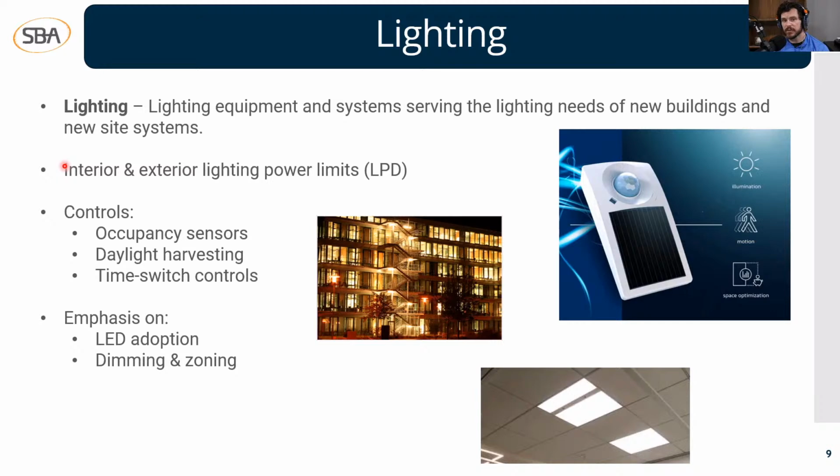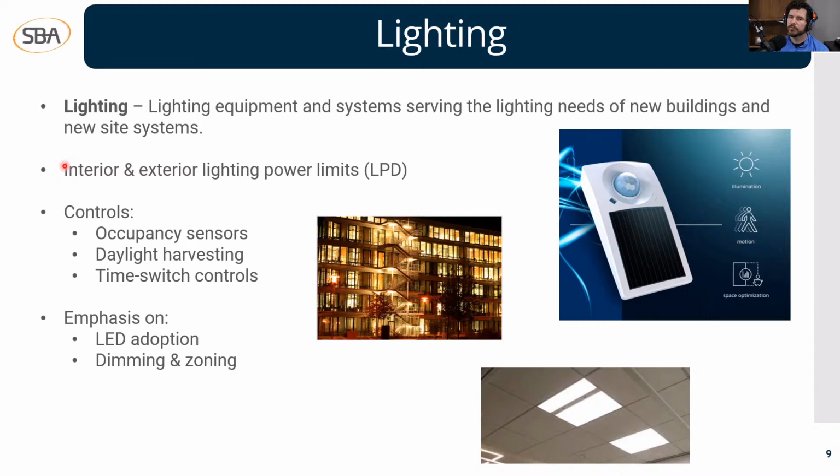So ASHRAE 90.1 emphasizes adopting LEDs in your building, meaning they're more efficient, and also dimming and zoning. You don't want your rooms or your zones to be on 24/7 when it's not necessary.